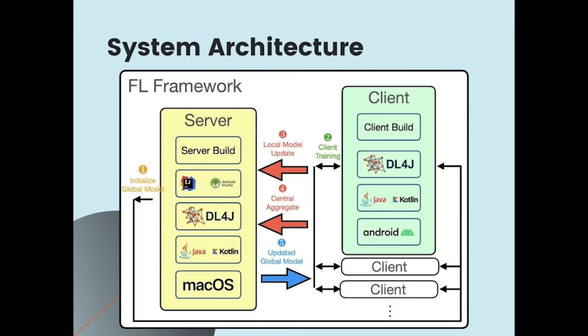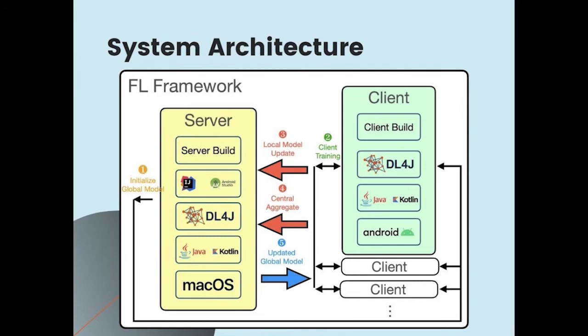The client side is mainly built on the Android operating system and uses Kotlin as the main app programming language, and Deeplearning4J as the machine learning framework. Training and image recognition will be performed on the device itself.